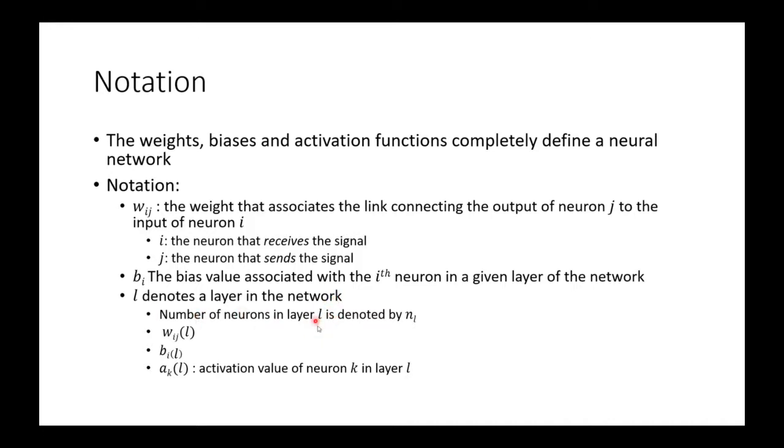The total number of neurons in layer L is denoted by N subscript L, and for the weights related to layer L, we use this notation here. There are other notations as well, such as having L as a superscript, but that's the notation that the book uses. That's the bias value for the ith neuron at layer L, and that's the activation value of neuron K at layer L.